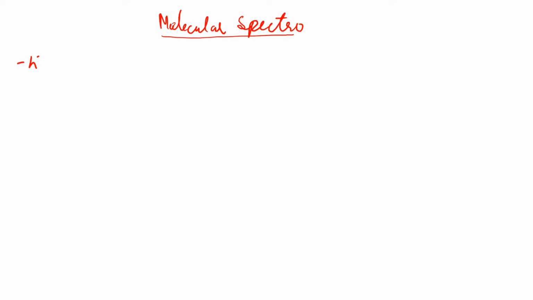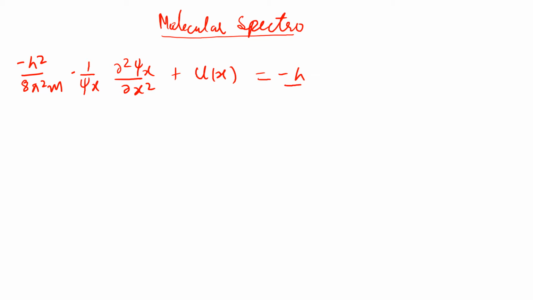We have h cross square by 8 pi square m into 1 by psi x, into the second partial derivative of psi x with respect to x, plus the potential energy of the system, and it is equal to minus h by 2 pi iota, 1 by phi t into the partial derivative of phi t with respect to t. So this is our equation.